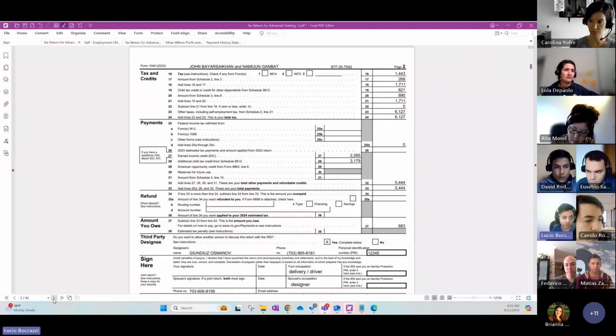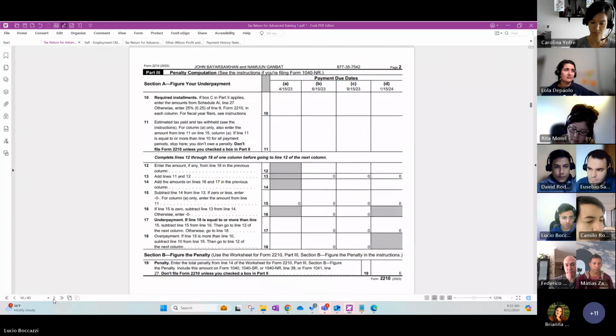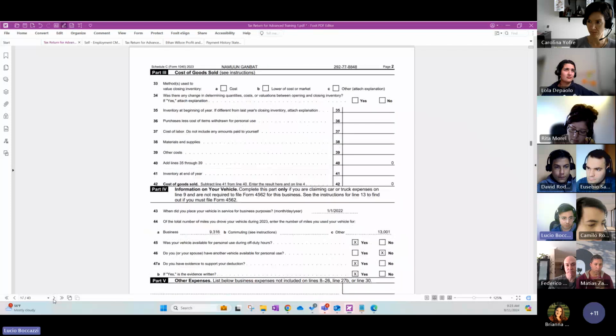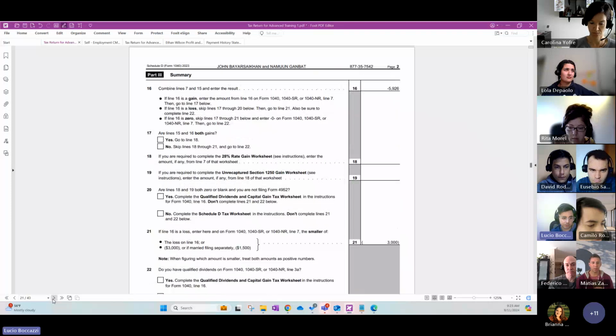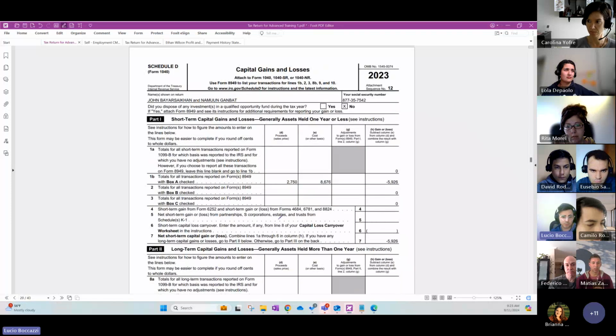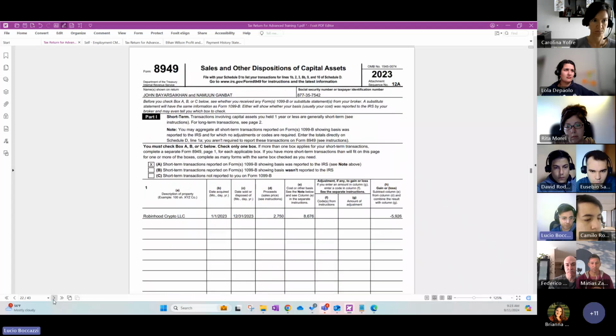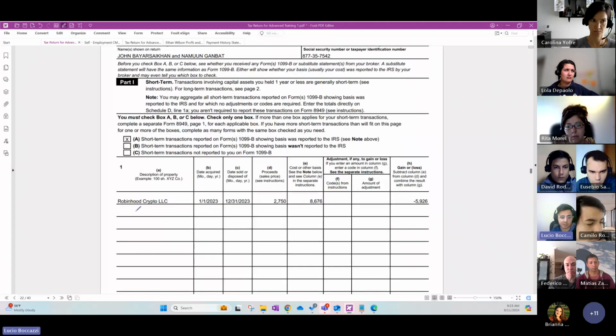So I'll go down a little bit, see if I can find it. Schedule C's, Schedule D. So just by looking at it, I see that there is a Schedule D, and if I look for the form 8949 that talks about this other disposition of capital assets, I see that at the very least, they had something when it comes to stocks.